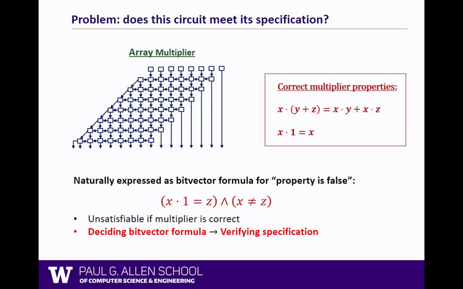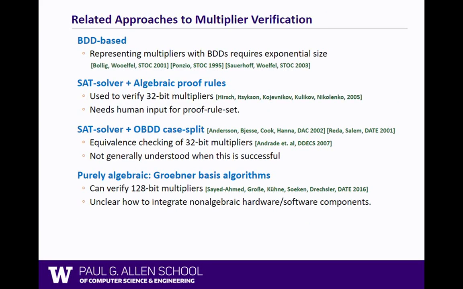Okay, so before I go into the meat of the talk, I wanted to talk about a few related approaches to multiplier verification in particular. The problem of verifying that a multiplier is correct has a long history that dates back to the 1980s. And even today, it's still considered quite a difficult problem. So one of the approaches that I wanted to highlight is the bottom one here, Grobner basis algorithms.